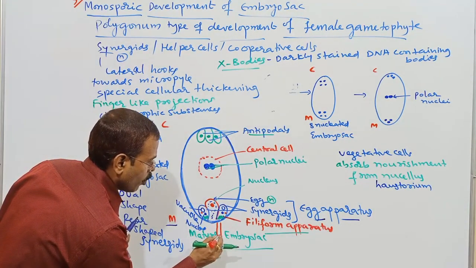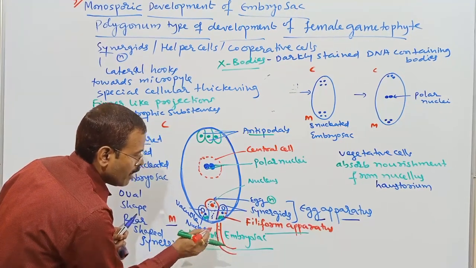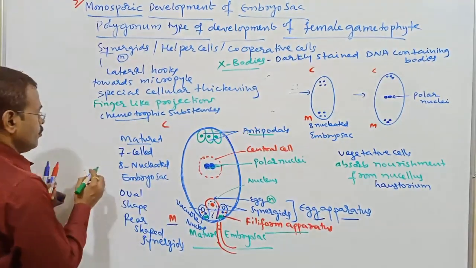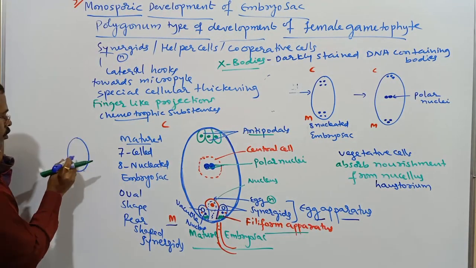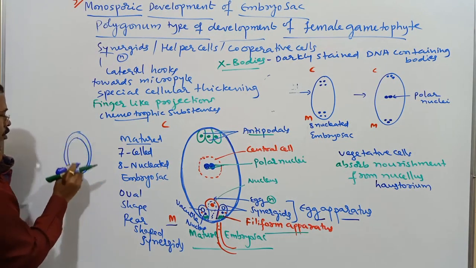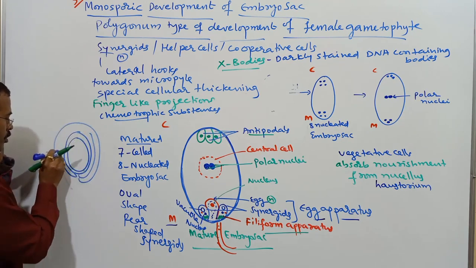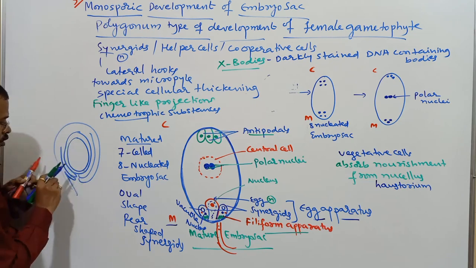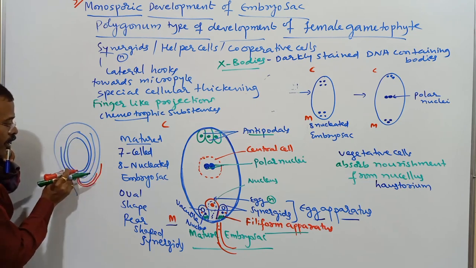This pollen tube contains the male gamete, and it should enter the embryo sac.